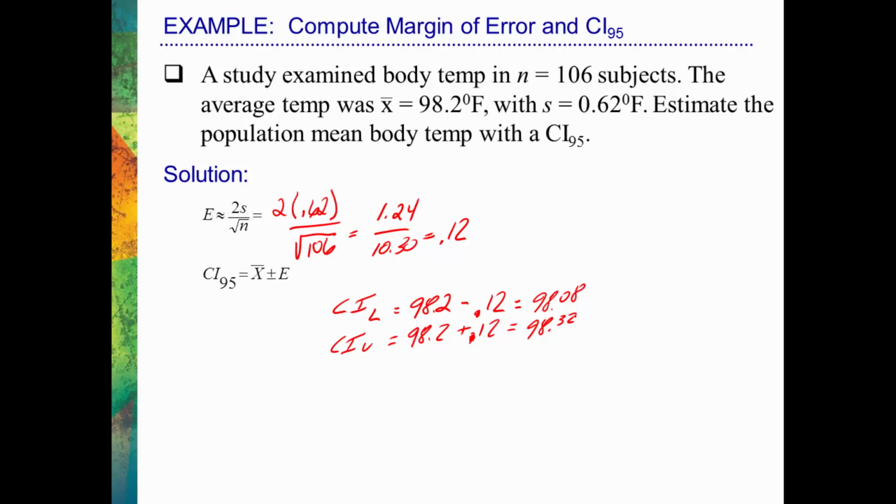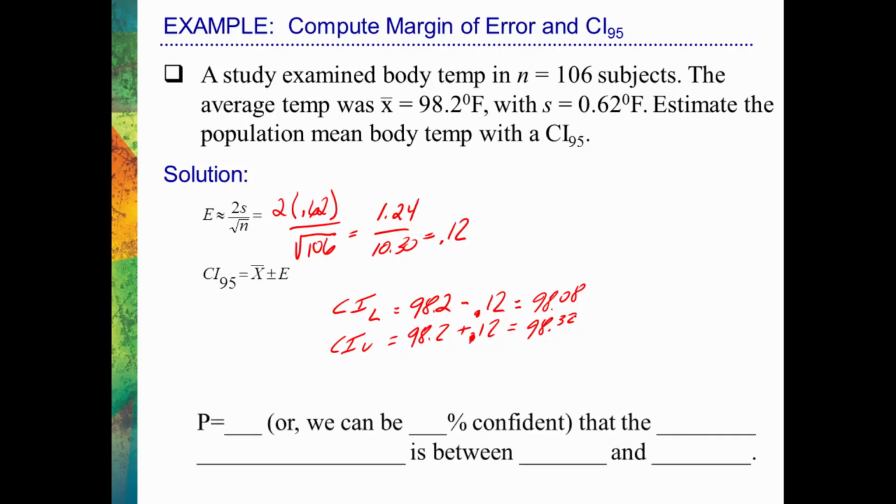All right, let's interpret that. And when we interpret it, we'll try to make sense of the whole 98.6 thing, and we'll put that in perspective. So again, there are three important things that we need to think about in our interpretation. We computed a 95% confidence interval. So that's based on a probability of 0.95. We can be 95% confident that the population mean body temperature is between 98.08 degrees Fahrenheit and 98.32 degrees Fahrenheit.